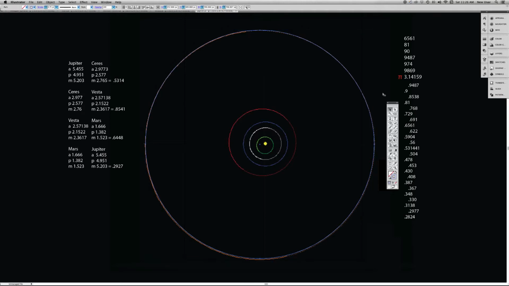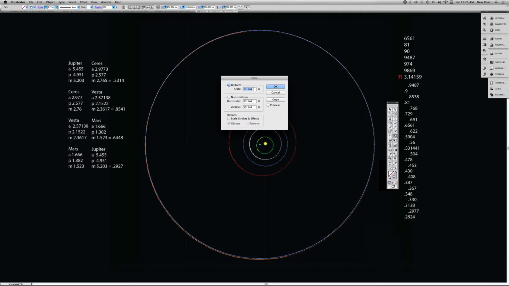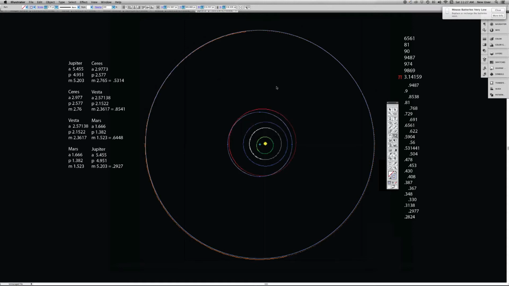I'm going to take the orbit of Jupiter into 28.24, and you'll see it just comes up a bit small for Mars.